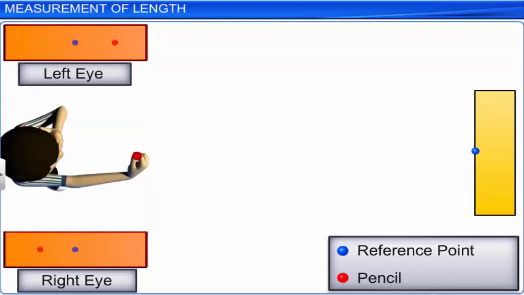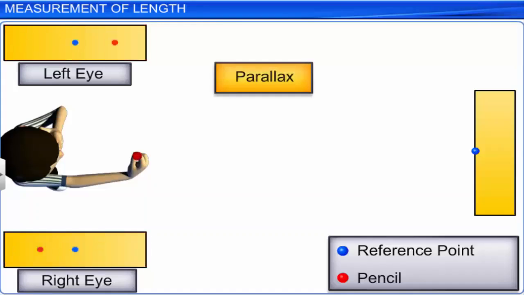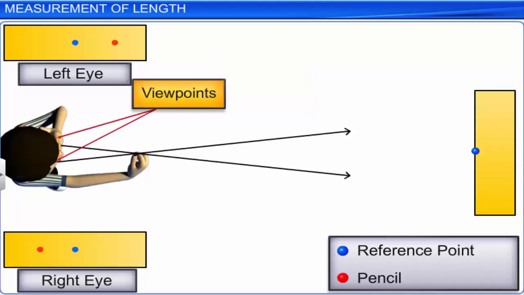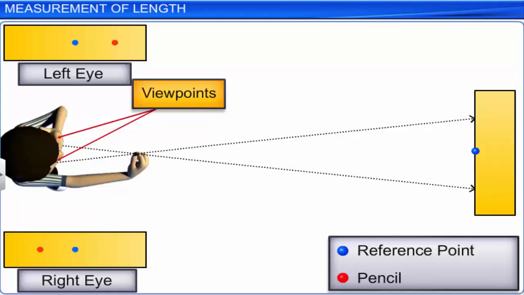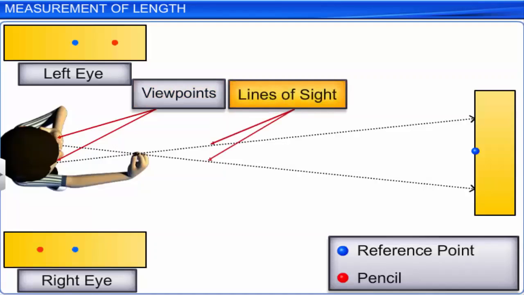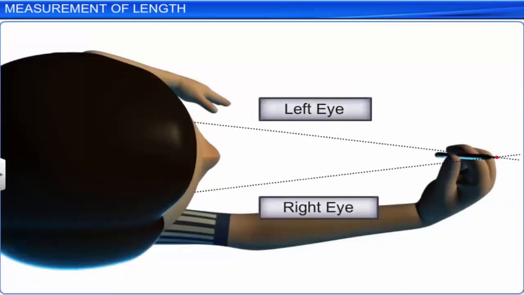This is called parallax. You may call the two eyes two different viewpoints, since, when used separately, they create different lines of sight. The distance between these two viewpoints or points of observation is called the basis.